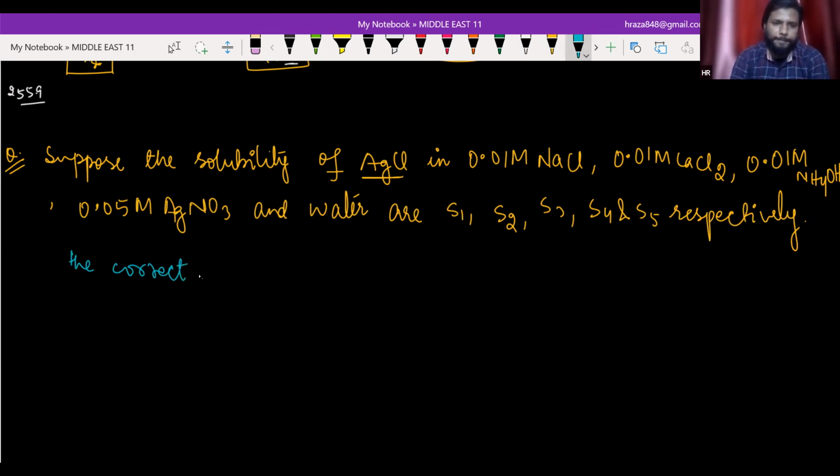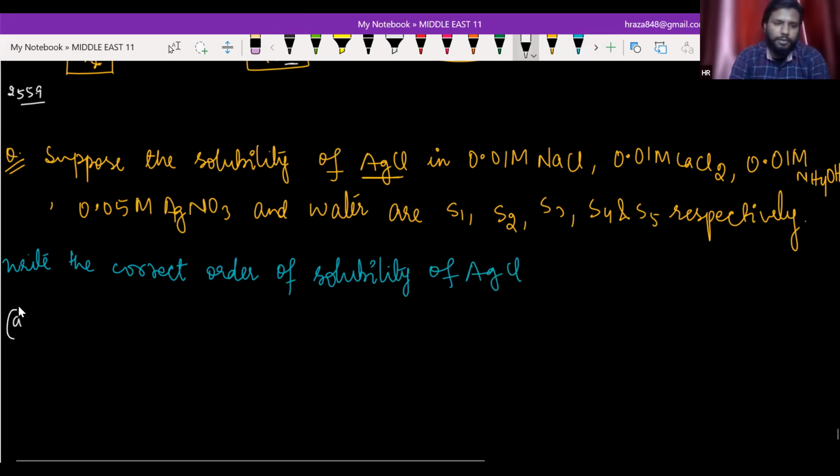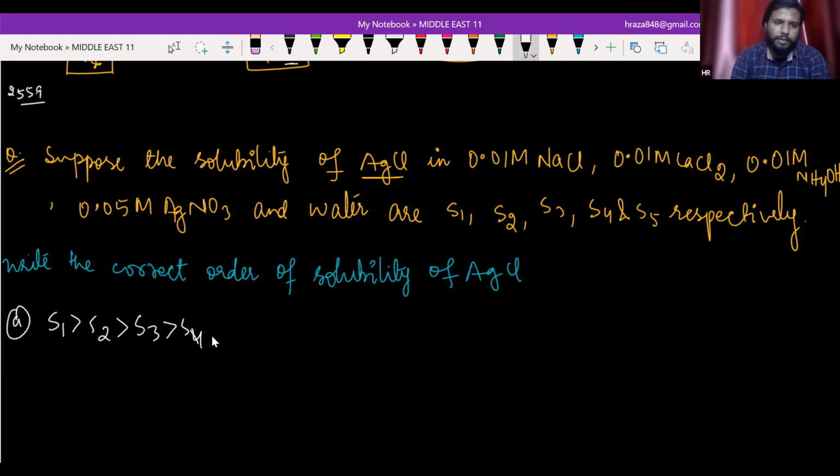Question: write the correct order of solubility of AgCl. I'm going to give you options. Option A is S1 greater than S2 greater than S3 greater than S4 greater than S5.